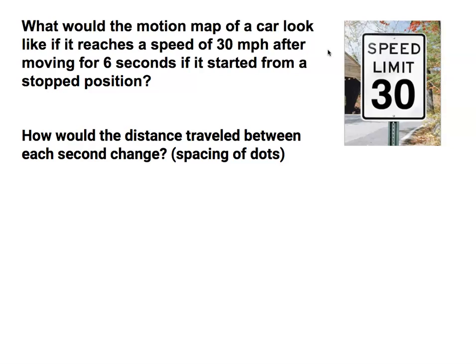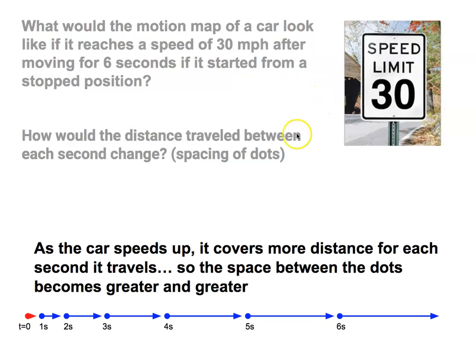Or in other words, how would the spacing of the dots for an object not moving at a constant speed look, in this case our car? As the car speeds up, it covers more distance for each second it travels. So, the space between the dots becomes greater and greater as it continues to speed up.